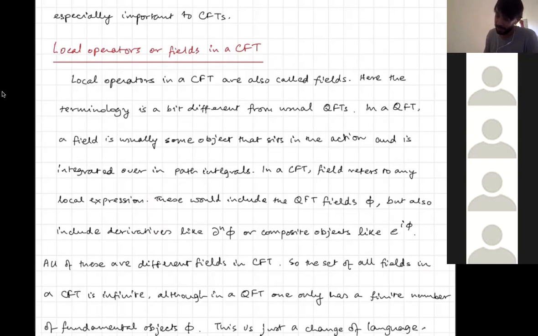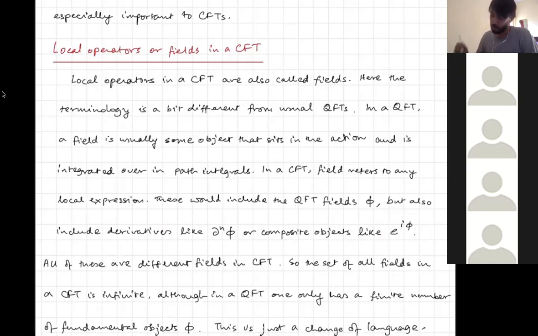But in a CFT, a field is going to refer to any local expression. So these would include the usual QFT fields, but also things like del n of phi. This is going to be a field, or you can also have some sort of composite object like e to the phi. So all of these are different fields in a CFT.